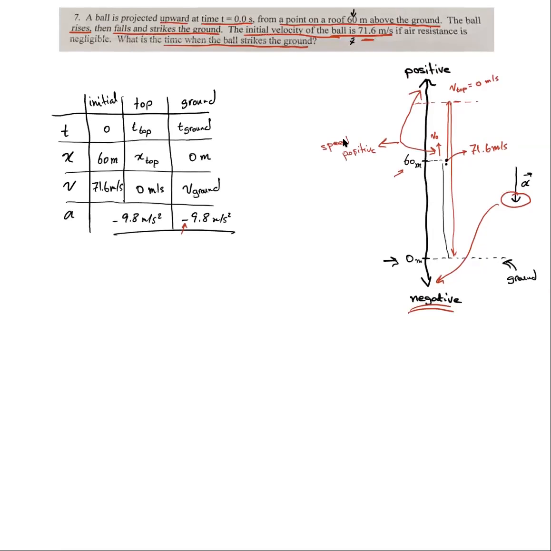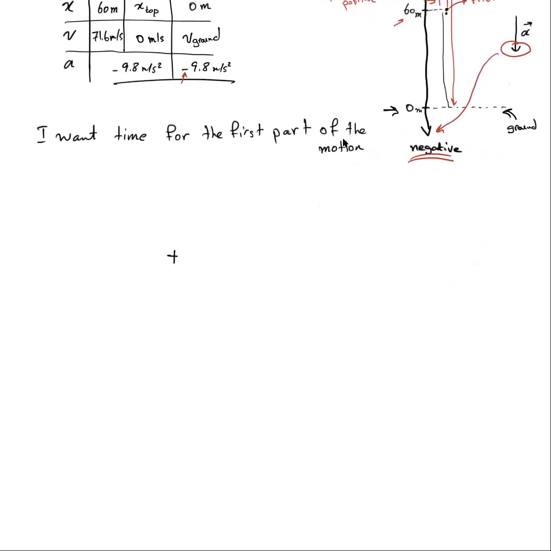So the idea of this solution is I want time for the first part of the motion plus time of the second part of the motion.